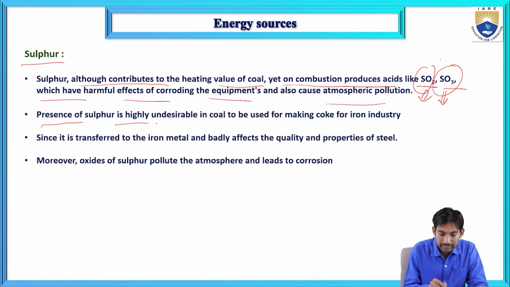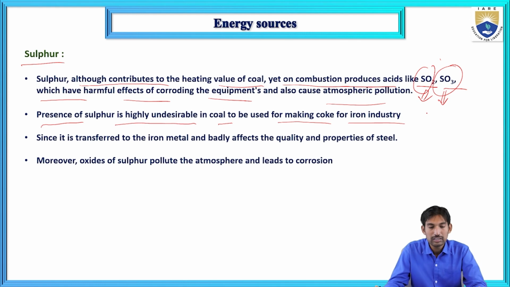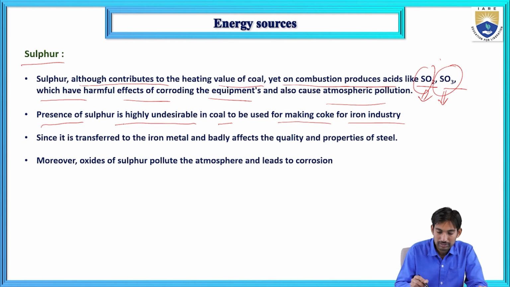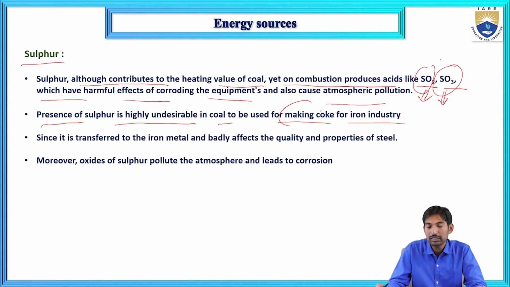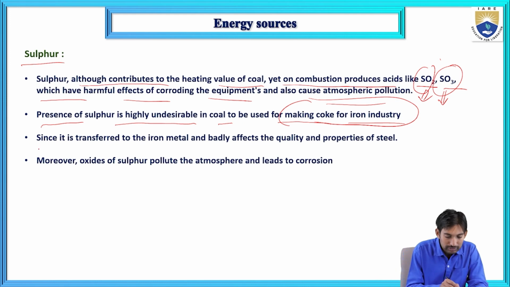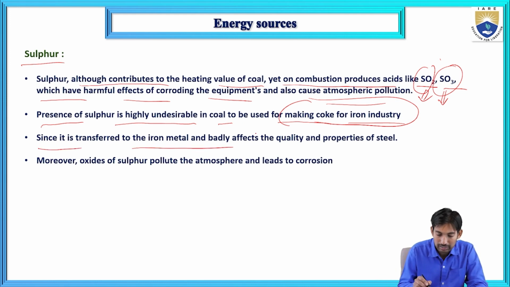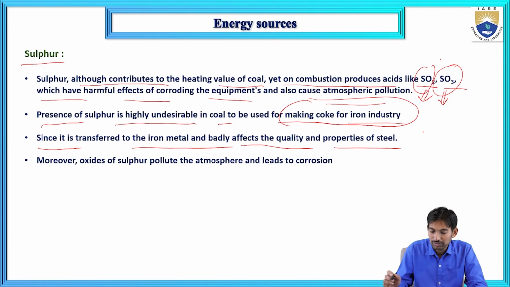The presence of sulfur is highly undesirable in coal to be used for making coke for the iron industry. The coal should not contain sulfur. If sulfur is present, it is difficult to make coke for the iron industry. We can't use this type of coal in the iron industry, since the sulfur is transferred to the iron metal and badly affects the quality and properties of the steel.